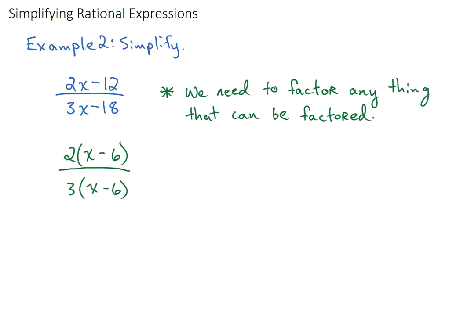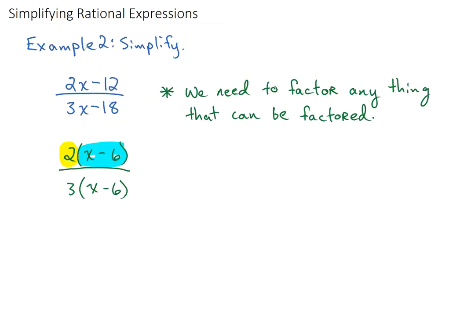So now that it's factored, it's expressed as factors. It seems a little weird, but in the numerator we can think of that as 2 times x minus 6. Those are factors. 2 is a factor of that expression, and x minus 6 is a factor of that expression. So I can cancel or reduce those pieces.